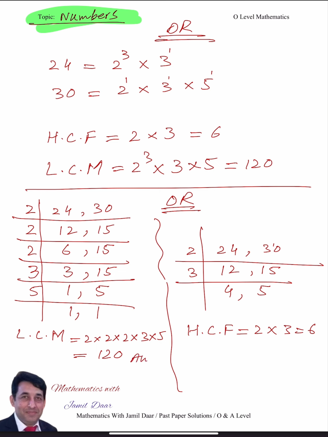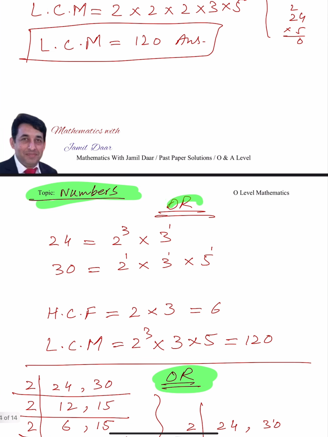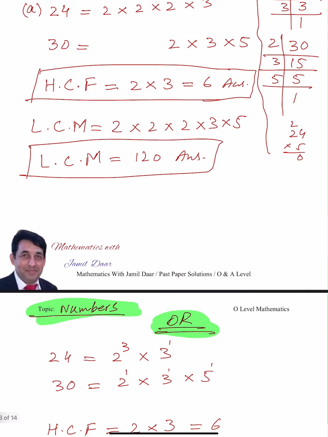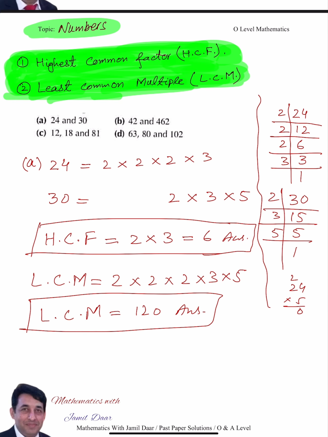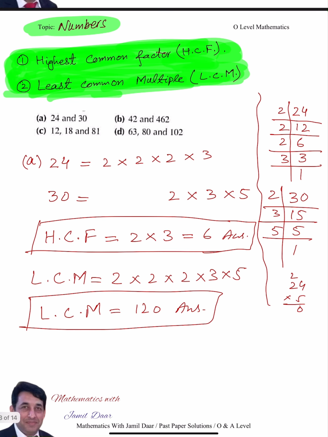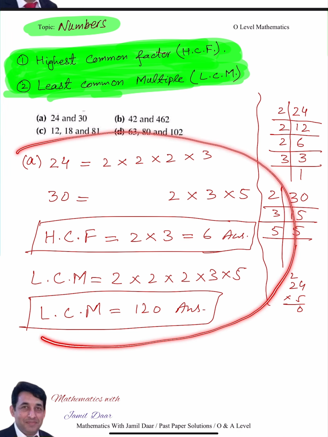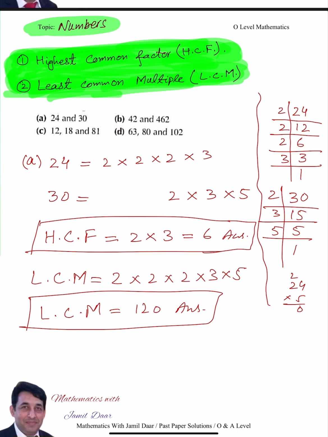So you can use any one of these methods. It depends on you which method you feel comfortable with and find easy. Whether the first, second, or third method, I personally prefer this one, because I've seen in the last 26 years that students make the fewest mistakes in finding the HCF and LCM with it.